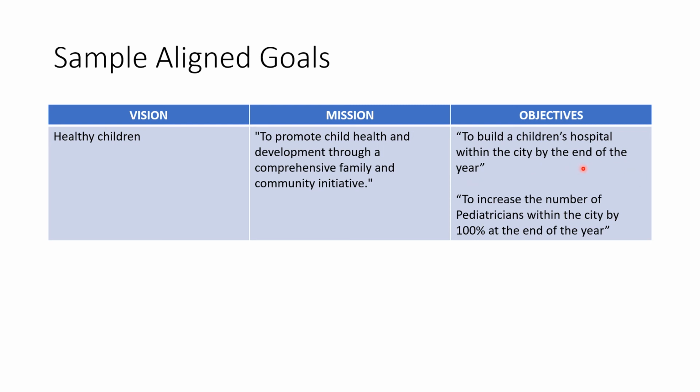What happens if they've achieved these objectives within the year? Okay, so successful sila sa ilang objectives. Okay, what happens then? Wala na ba silang objectives for next year? Of course not. Gagawa sila ulit ng mga bagong objectives in order to achieve, to further their mission.